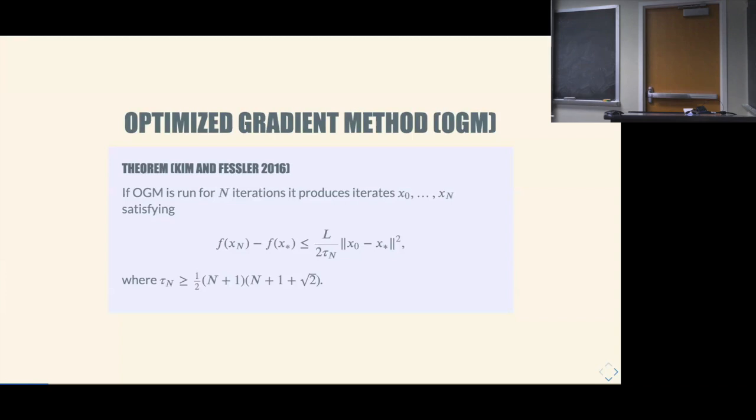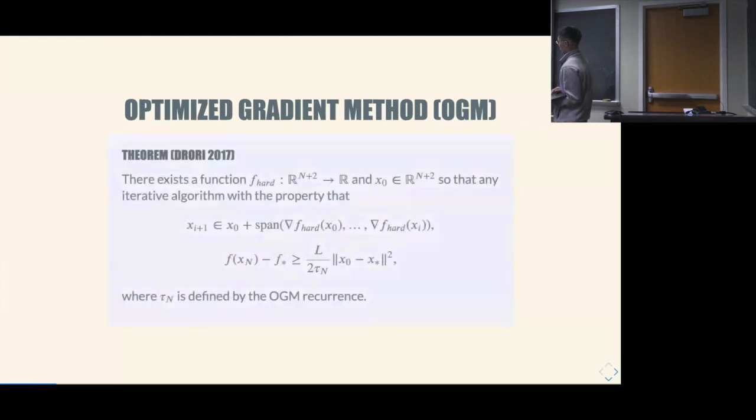Tau n's true definition is a little messy. You can think of it as being some quadratic function in n. All of this is explicit, but I'm hiding it for the sake of exposition. So they showed that there is some algorithm which gives you this guarantee.